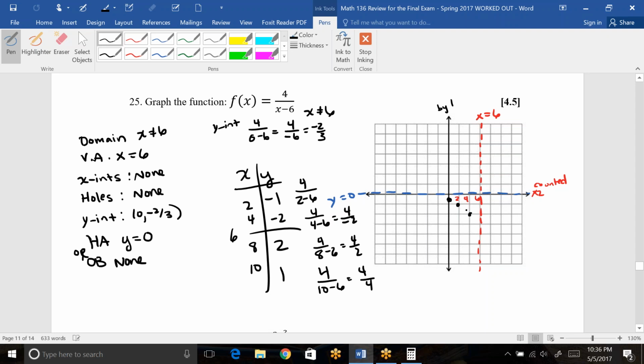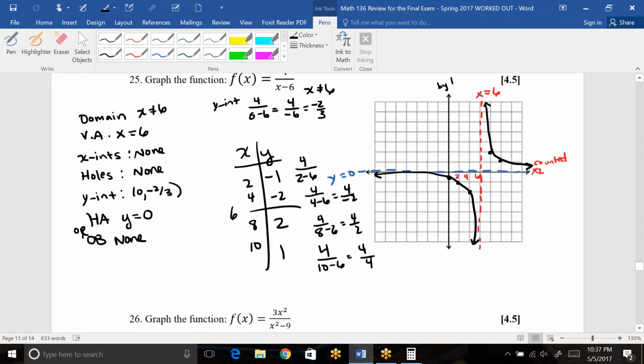So that makes sense because that's kind of lined up with my y-intercept there. 8 is going to be right here up to positive 2, and 10 would be positive 1. Now, because of our vertical asymptote and our horizontal asymptote, that means this is stuck in this top region of blue and red, and all of this is stuck in this bottom region, following those asymptotes. So that's what my graph looks like.